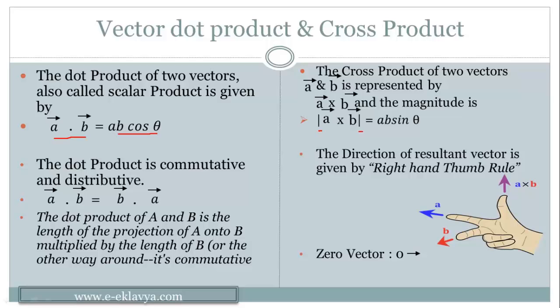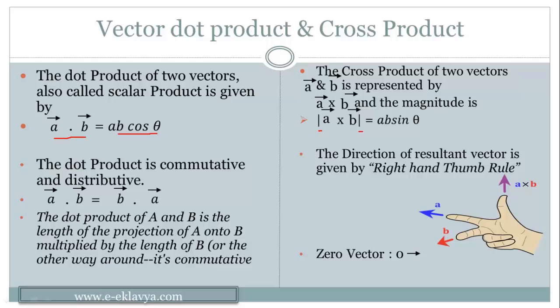Now since the cross product of two vectors is another vector, we will need the direction also. So the direction of the resultant vector is given by the right hand thumb rule.